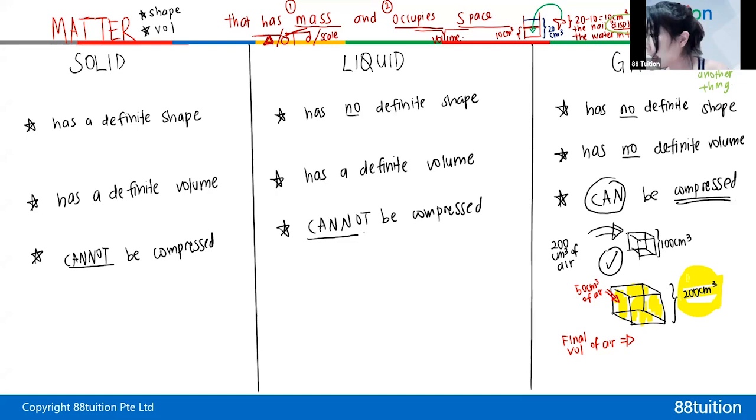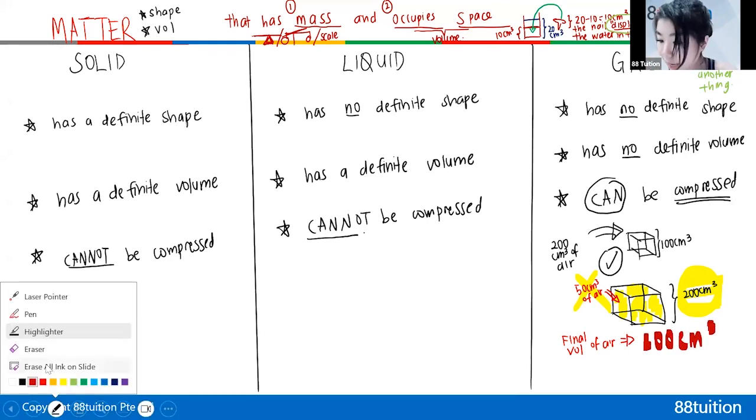No matter how much air I pump in, I repeat, no matter how much air I pump in, it doesn't matter. The air will just fill up 200 cm cube. Can you please remember that? So the final volume is still going to be 200 cm cube.